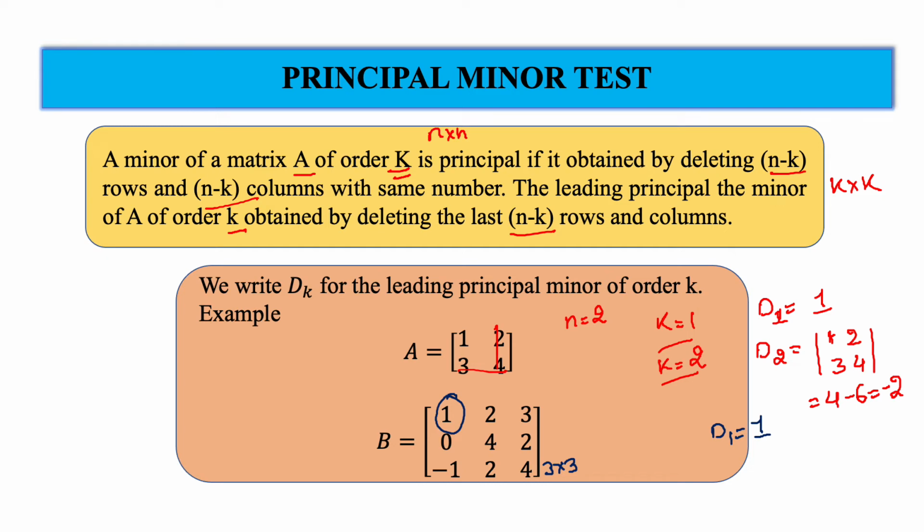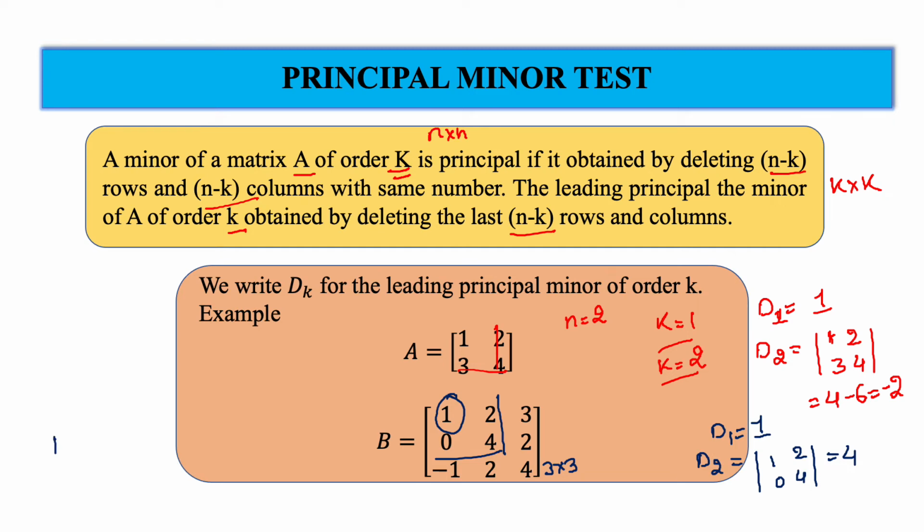Now D2 is simply you start with this element and take the matrix of order 2 by 2 and take the determinant, that is 1 2 0 4, which is equal to 4.